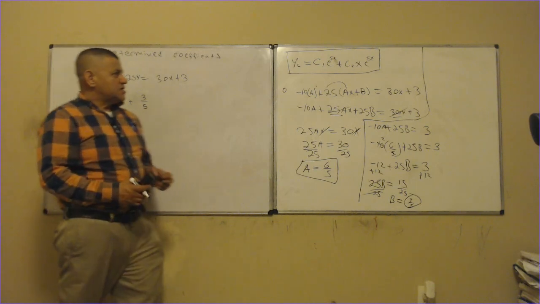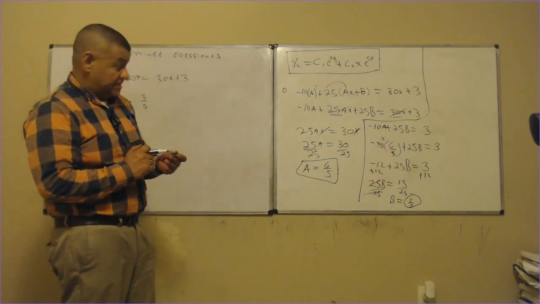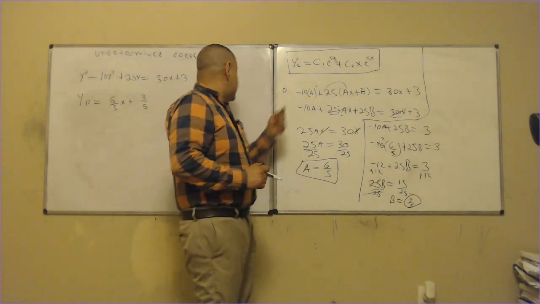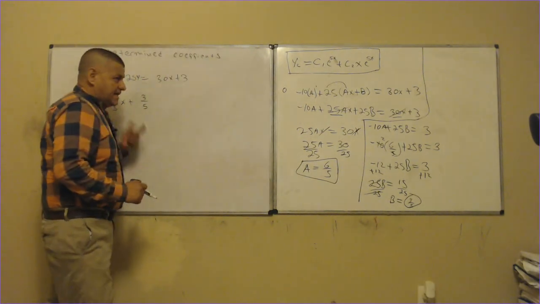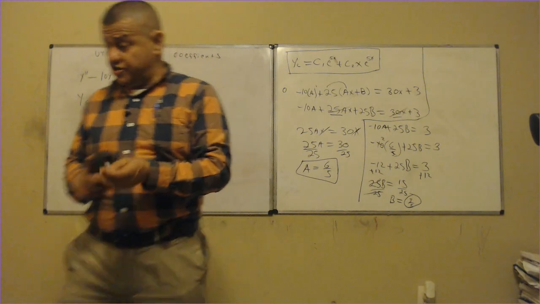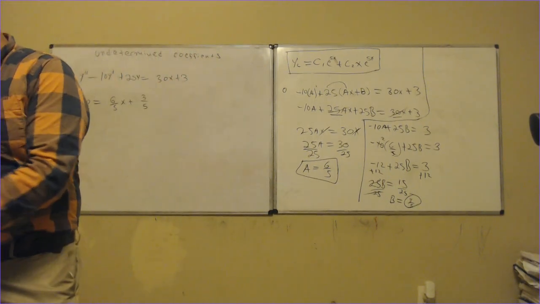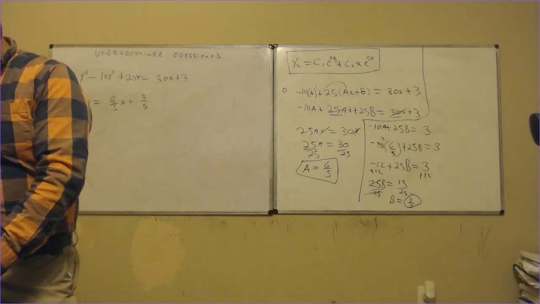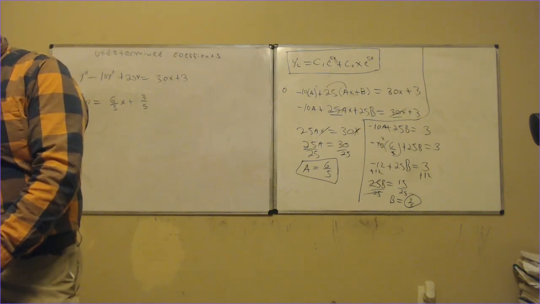Okay? So now what I do is add those two guys. I add this and I add that and I get my solution. All right? And that is my solution for that differential equation.